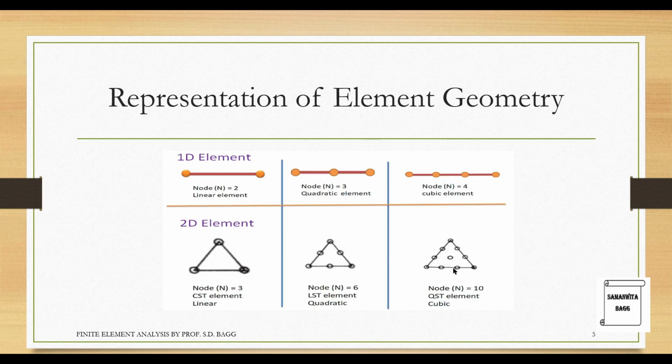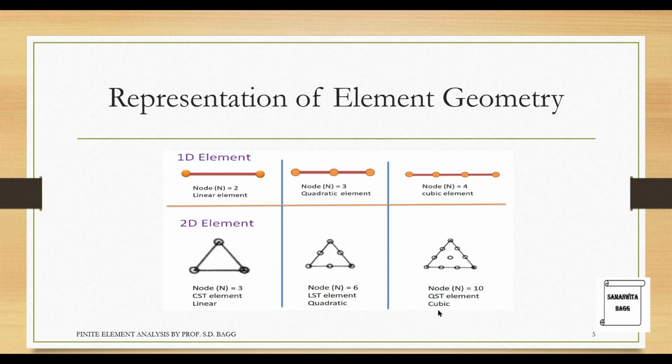And the third one, wherein the nodes are 10 and there are 9 elements, as you can see. And there is also one node at the center. QST element means quadratic strain triangle element. It is also called cubic displacement triangle, hence the name cubic.